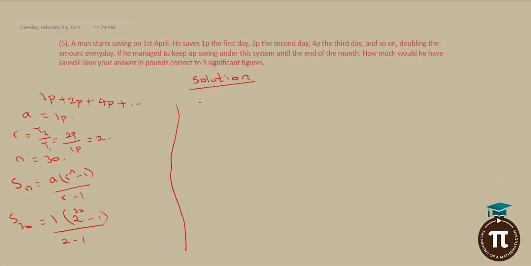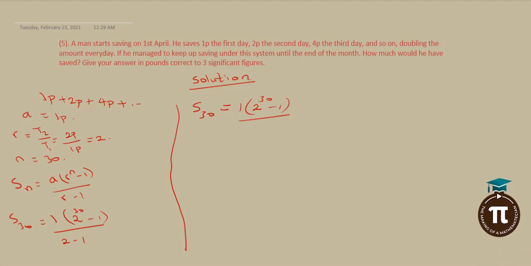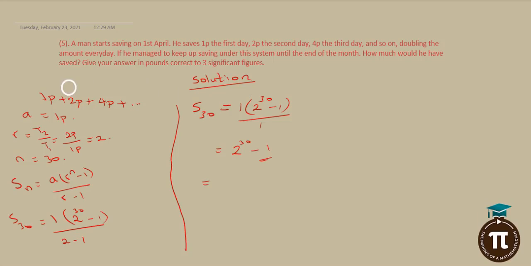So S30 is equal to 1 open bracket 2 raised to power 30 minus 1, all over 2 minus 1, which is 1. So in reality, this is 2 raised to power 30 minus 1. And that will be the answer, but don't forget, because we have to correct our answer to 3 significant figures, we have to look for what 2 raised to power 30 is.